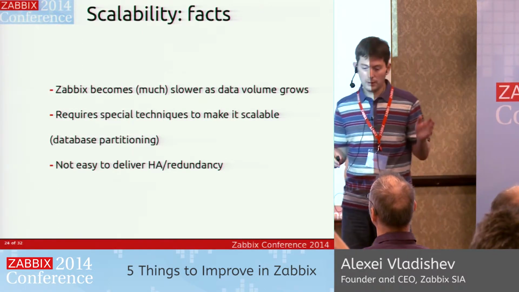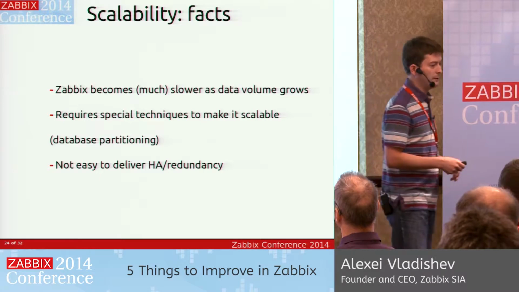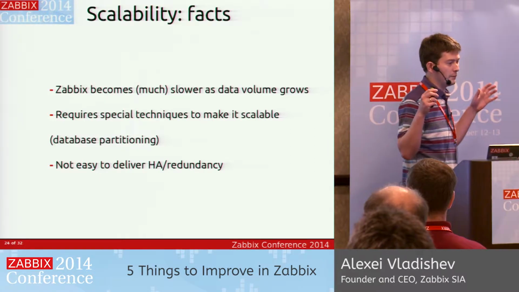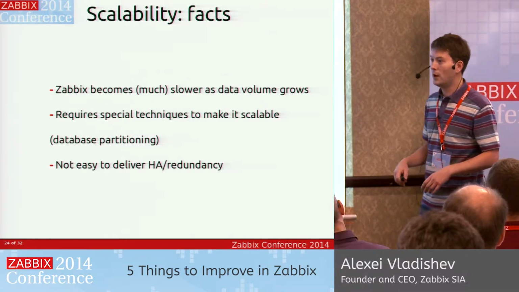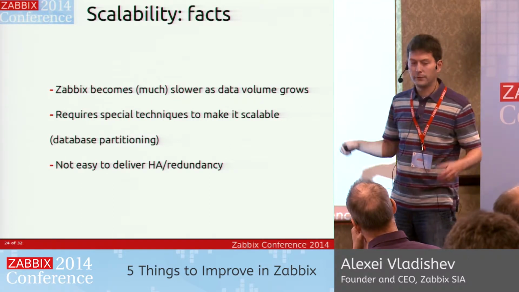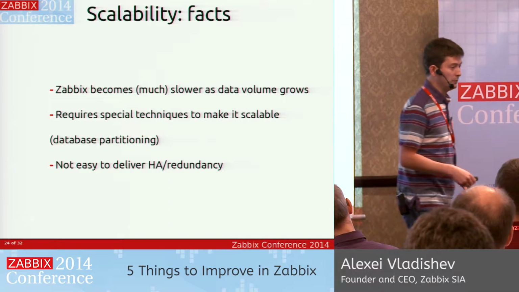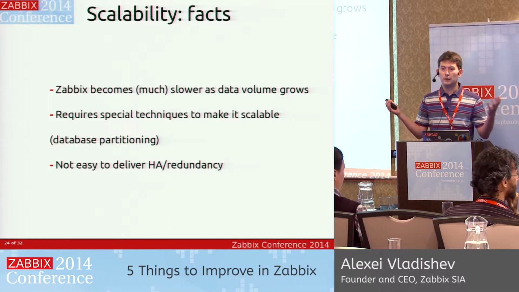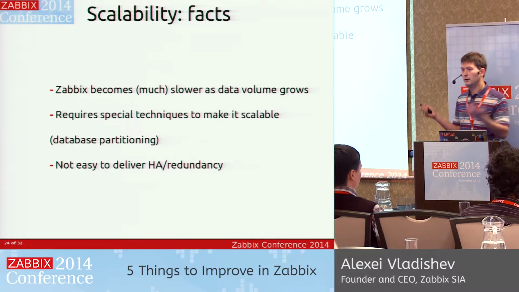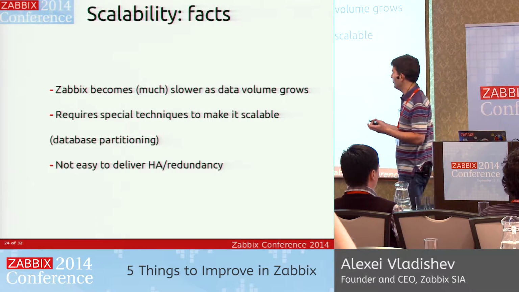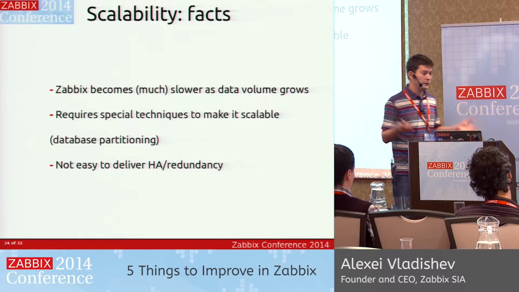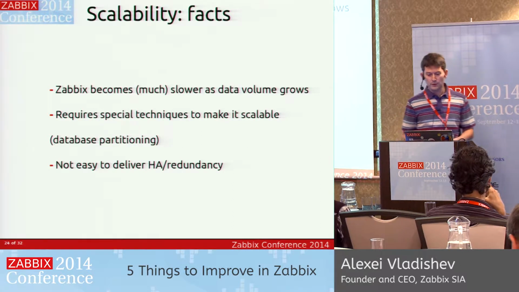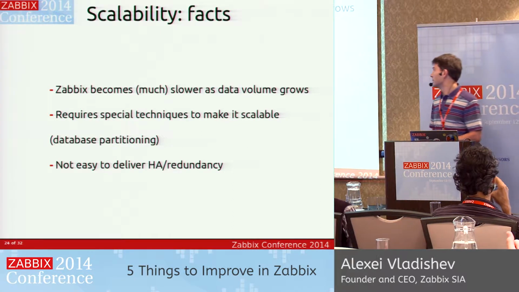Maybe 1 month, 2 months, 6 months, and then everything becomes very, very slow. You just run vmstat, and you see IO wait 50% or maybe up to 100%. Because the data and the indexes don't fit in memory. You have a huge table, hundreds of gigabytes of history and trends, and it becomes very, very slow.